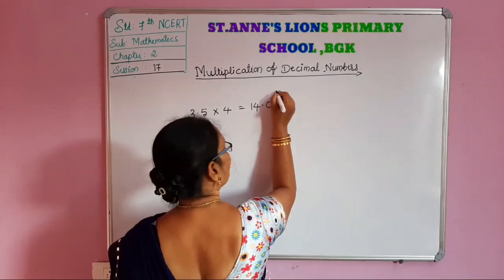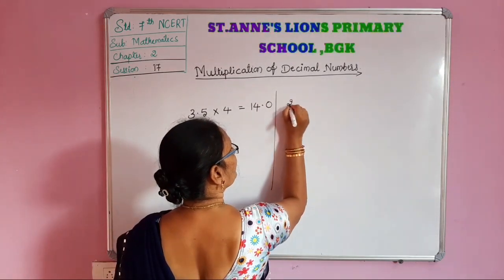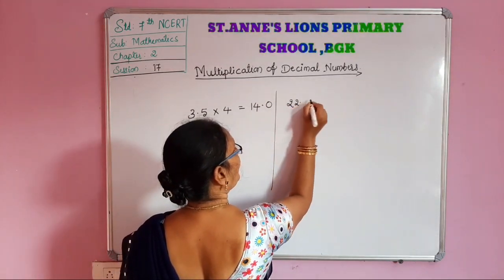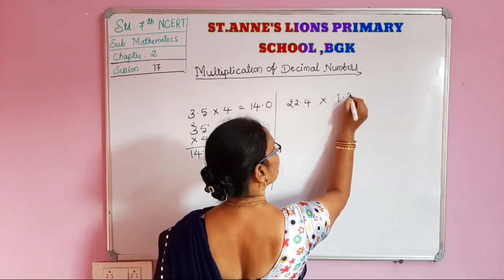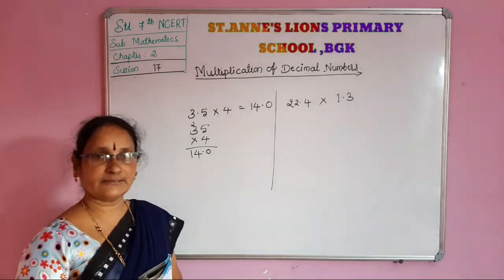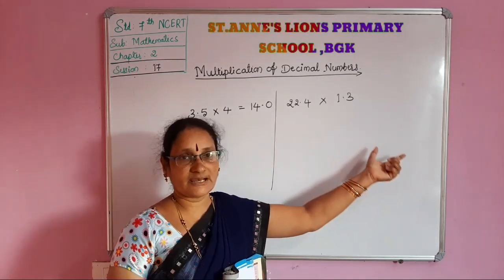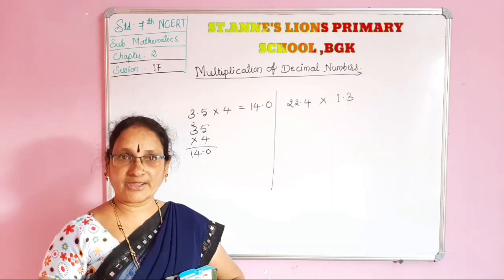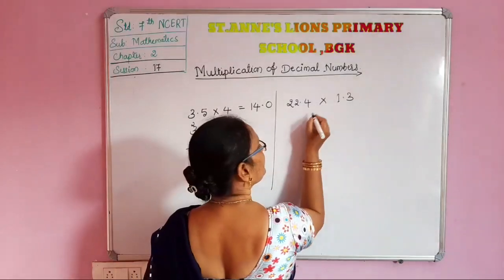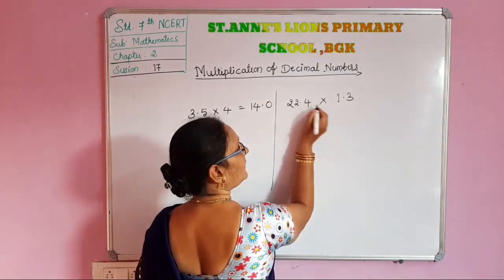Suppose both are decimal numbers. Example I will take now: 22.4 into 1.3. Here both are decimal numbers. How to multiply? I told you the simple way. See, 22.4 is there, no?